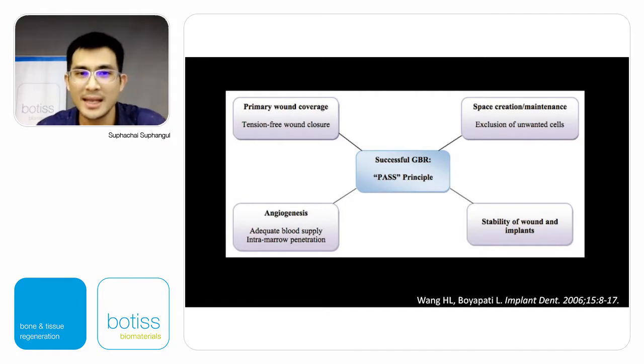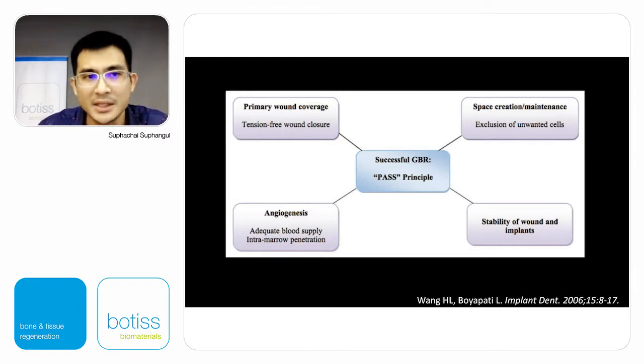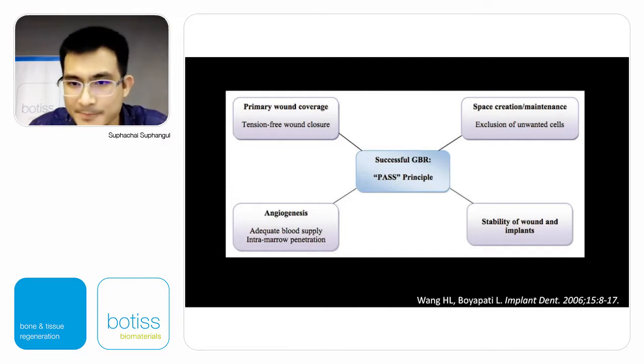I will show you later on in the case. Another one that increases angiogenesis is intramarrow penetration. Because almost all of the bone is cortex, we have to penetrate it to get it bleeding and induce blood to the bone graft from the recipient side.